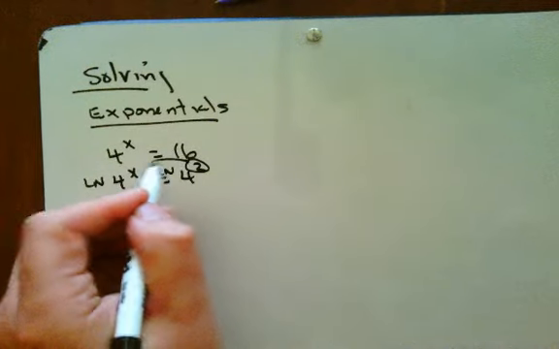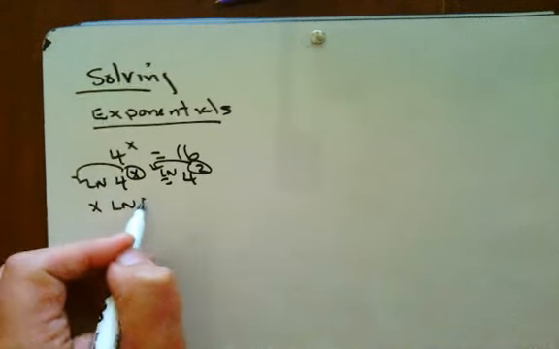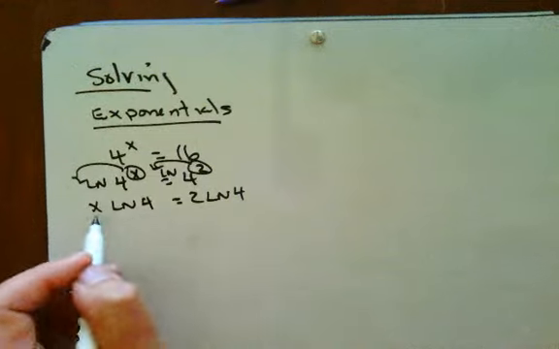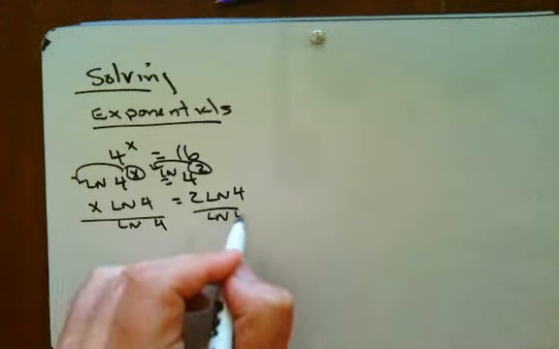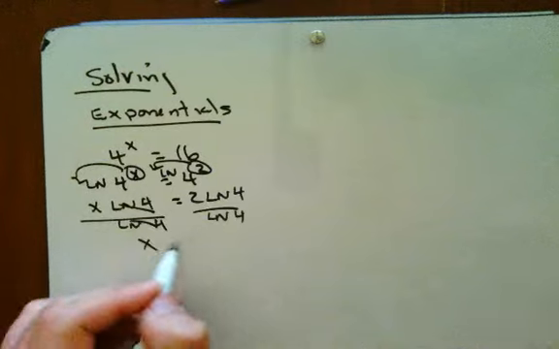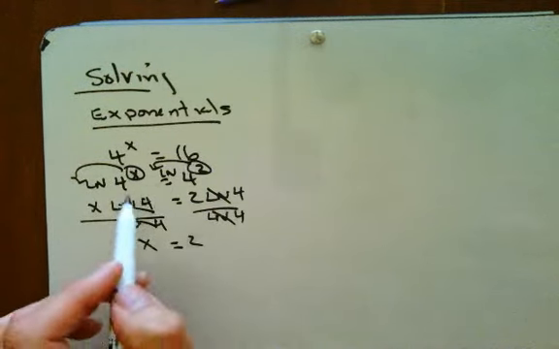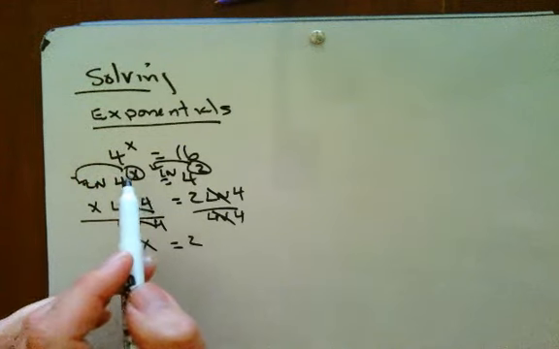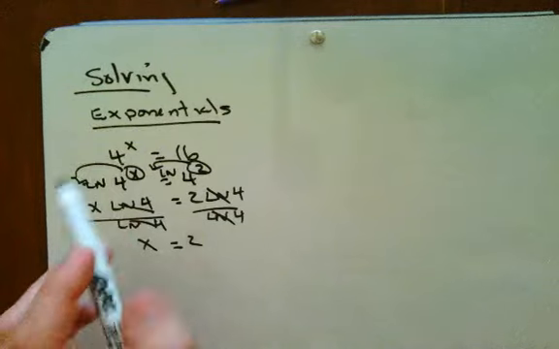Or we could take the ln of both sides and bring down these powers and have x ln of 4 equals 2 ln of 4. And to get x by itself, I would divide by ln of 4. So x equals 2. I don't think I'd go to all this trouble of taking the log of both sides when I could just use the one-to-one property.